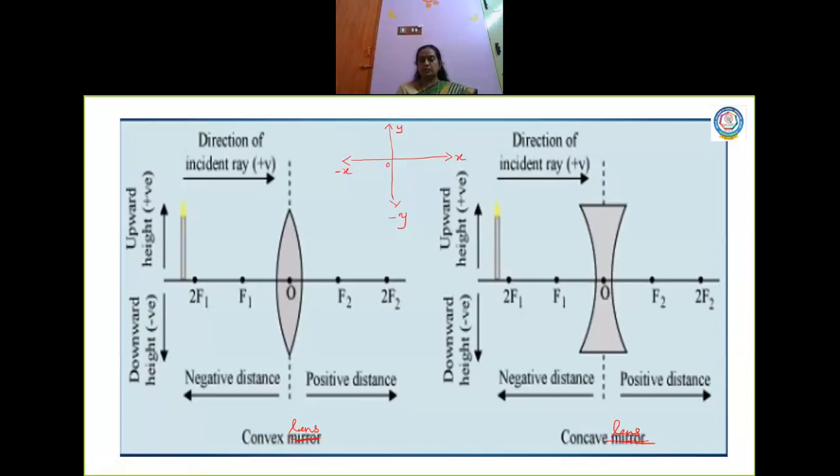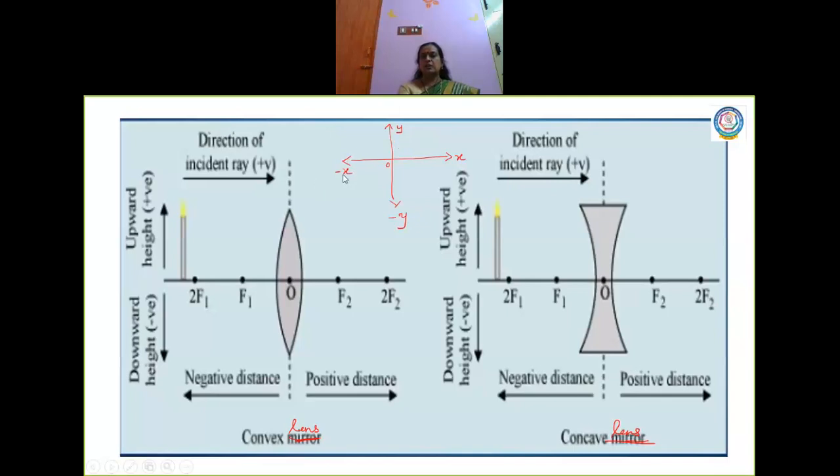Suppose I want to plot 2 comma 2. Where do you plot? You plot here. X is 2 and y is also 2. You will have a point here where you measure 2 comma 2. Whatever you measure along this side, you take it as positive x, and along this side, positive y-axis.